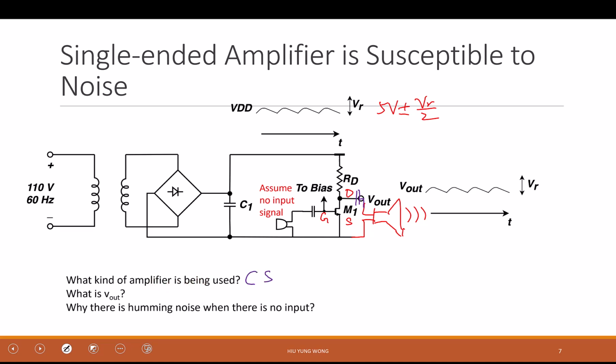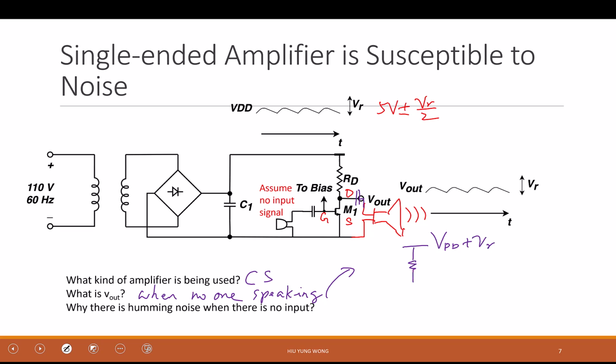This is a common source, right? And now we want to say what is the V out when no one is speaking. When no one's speaking, the system is like this. I have VDD plus VR, for example, from the top.